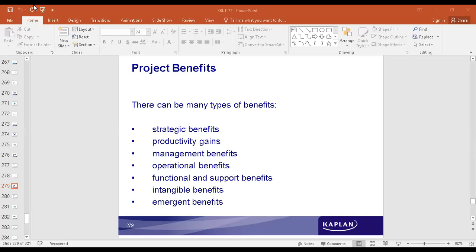See, what are the benefits of projects? There are many types of benefits. There are strategic benefits, having a plan in place and then getting benefit out of that, productivity gains, management benefits. Then, while implementing the project, the operational benefits, functional and support benefits, intangible benefits, and emergent benefits. So we have a big list of benefits that can be derived.